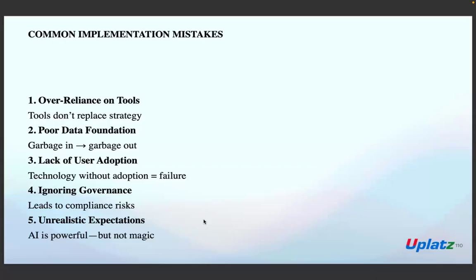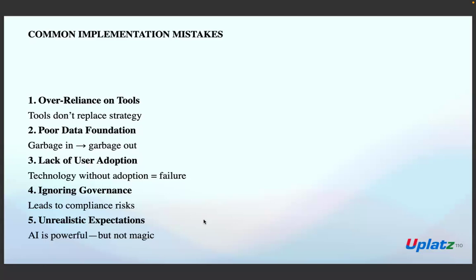The next mistake is ignoring governance. Governance ensures that things are compliant and the risks are mitigated. If governance is ignored, that leads to compliance risks. And the fifth type of mistake, which is generally seen in this scenario, is unrealistic expectations.